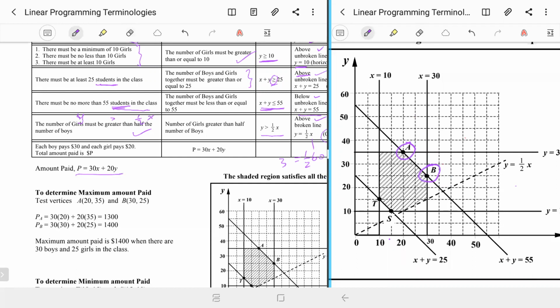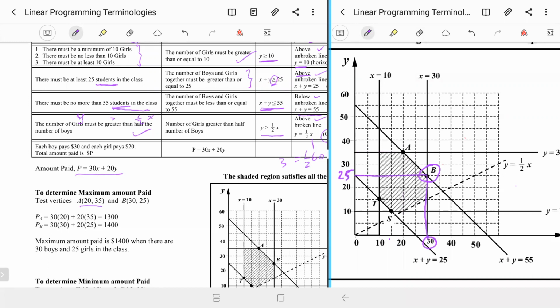So you see it over here, so now A is the point (20, 35). You can see it, A is the point here, (20, 35). That's the point A. And B, let's look at B. B is the point (30, 25).